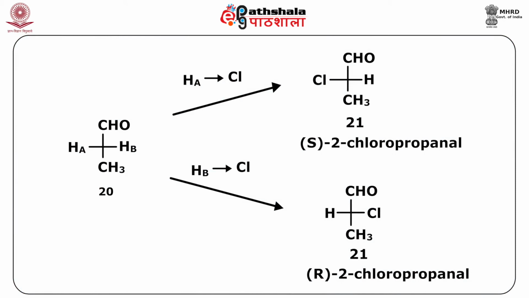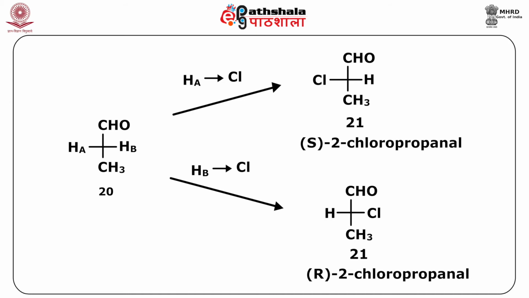The alpha chlorination of propanaldehyde, the molecule 20 as shown here in the figure, gives the two products 2R-chloropropanal 21 and 2S-chloropropanal, again 21 shown here. In other words, if we substitute the homomorphic hydrogens HA and HB by chlorine atoms, they give two products, that is 2R-chloropropanal and 2S-chloropropanal, which are non-superimposable mirror images of each other, that is they are enantiomers, as described in the first paragraph of this module.